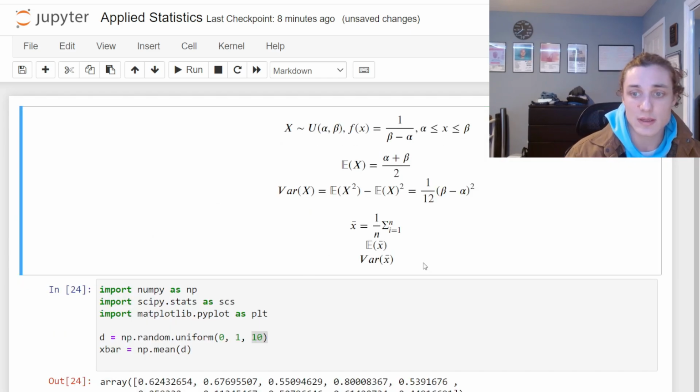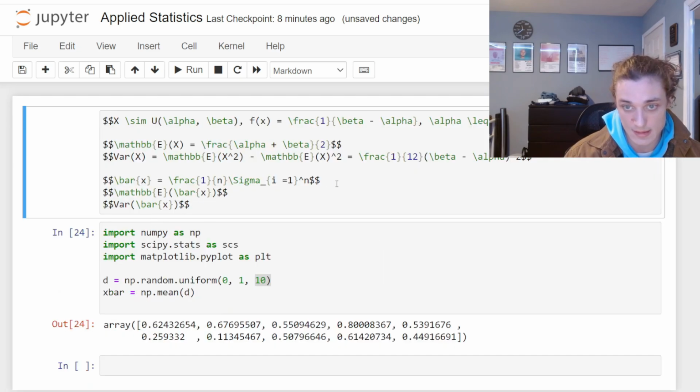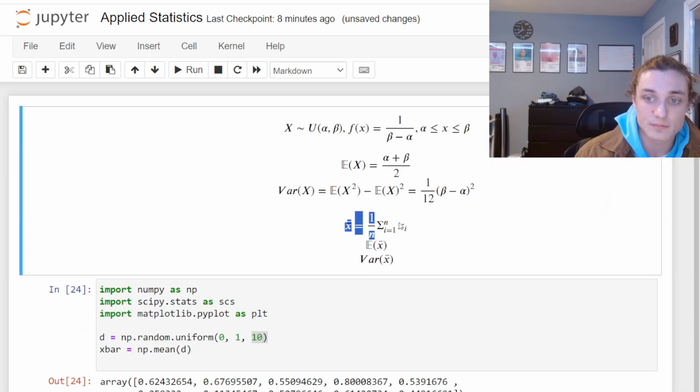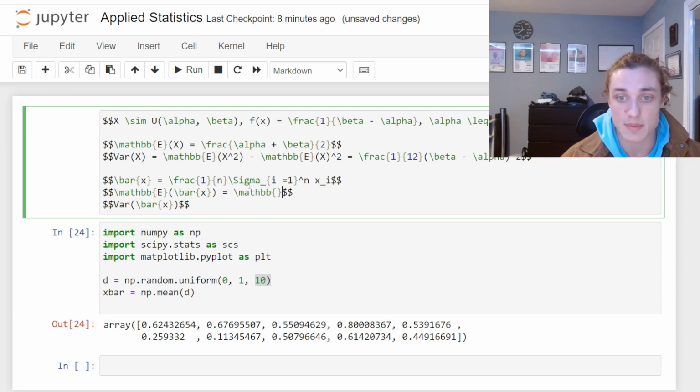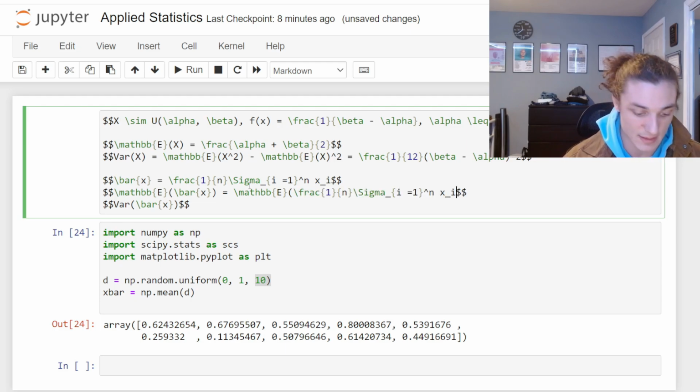What we can do is apply this definition here, with an x i. I'm going to throw this x bar into my expectation. So we take this and plop it in there. This is equal to E of, and instead of x bar, I'll paste that in there.